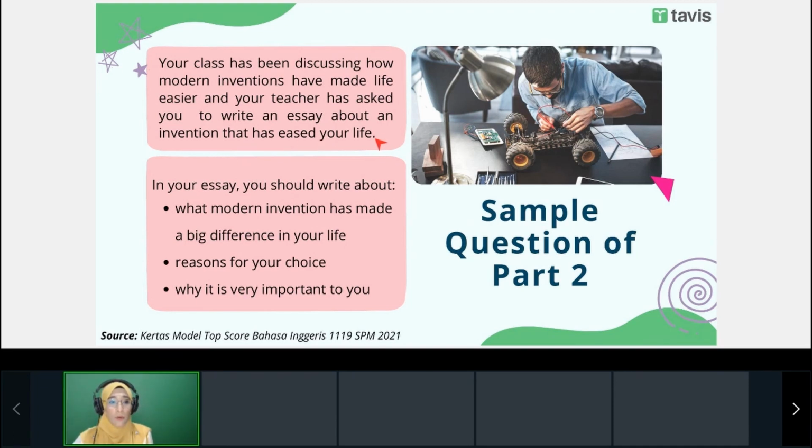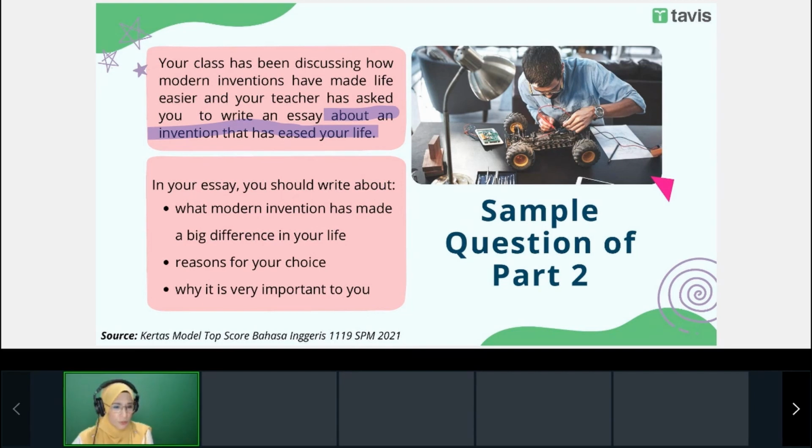So now we know that this particular task is talking about modern inventions, and your teacher is asking you to write an essay about an invention that has eased your life. So now we know that we have to think about a modern invention that has come very handy to your life. So what are the notes?